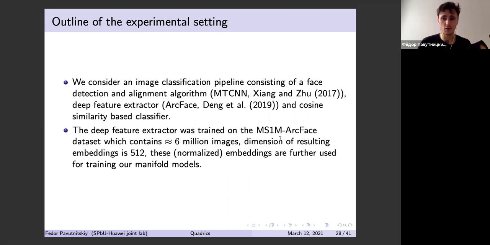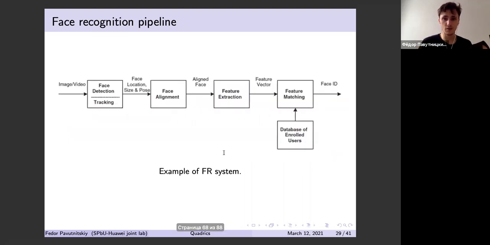This model was originally trained on a data set of 6 million images of human faces. As I mentioned before, the dimension of the resulting face embedding is 512. And we actually use the embeddings of this training data set to train our Quadric model. So this is what I feel I need to explain.